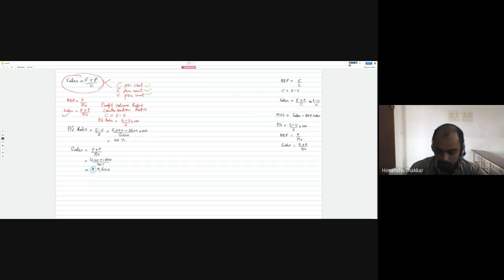Number two, sales in units to make a profit of rupees 60,000.